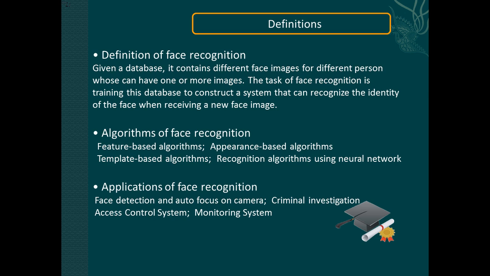It can also be used by policemen for criminal investigation, access control systems, and also monitoring systems. An access control system is like you install the face recognition system on the front door, and if you want to enter the building, you must be recognized by the system. If you're not in the database, you cannot enter the building.